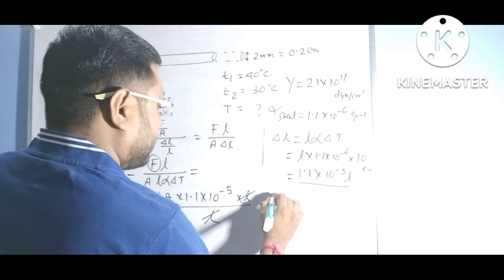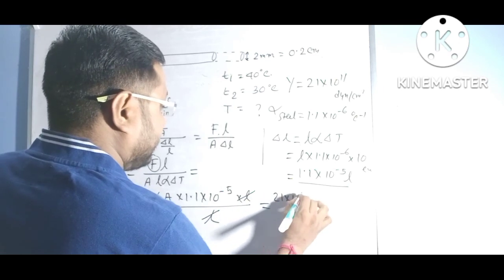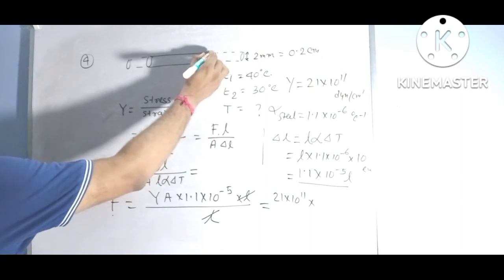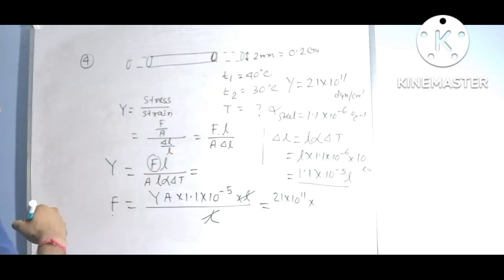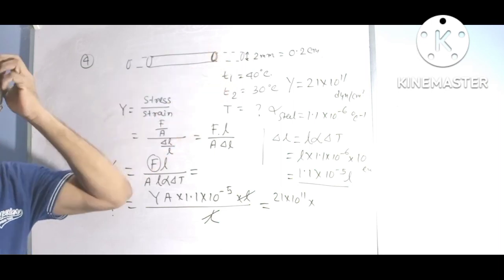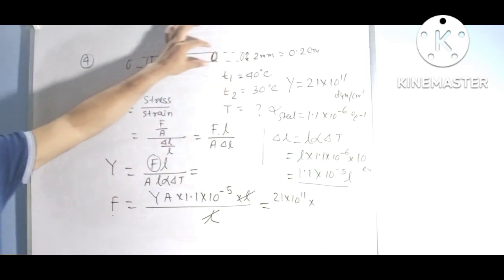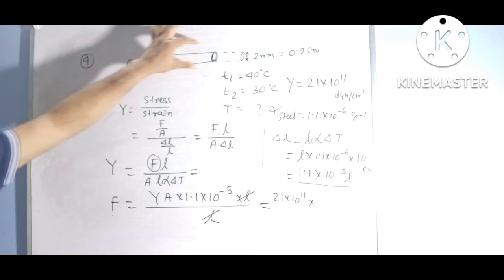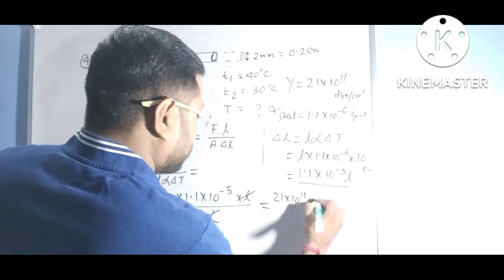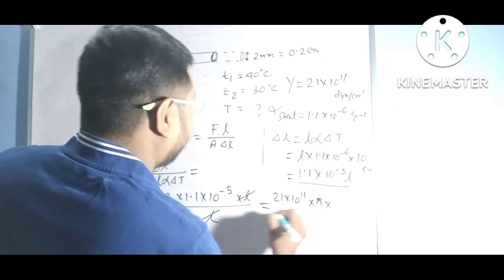Given Y is 21 into 10 to the power 11 multiplied by A. As the cross-section of the wire is circular, the area is pi r square, that is pi into r square.